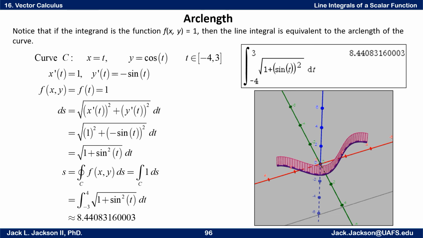So one application of a line integral is to find an arc length. Another one is to find this area, and there are other examples as well. So this was line integrals of a scalar function of 2 variables, and we're going to extend this to look at a line integral of a scalar function of 3 variables in the next video.